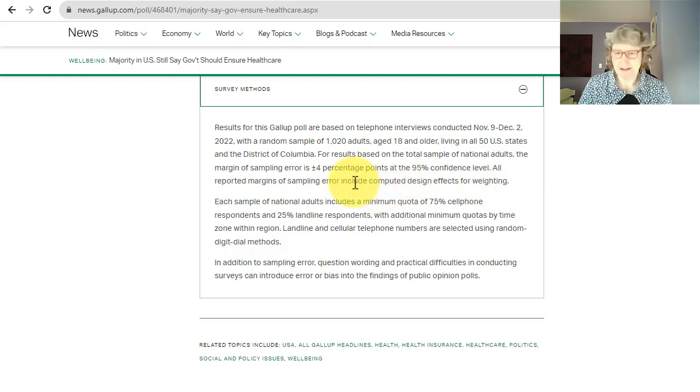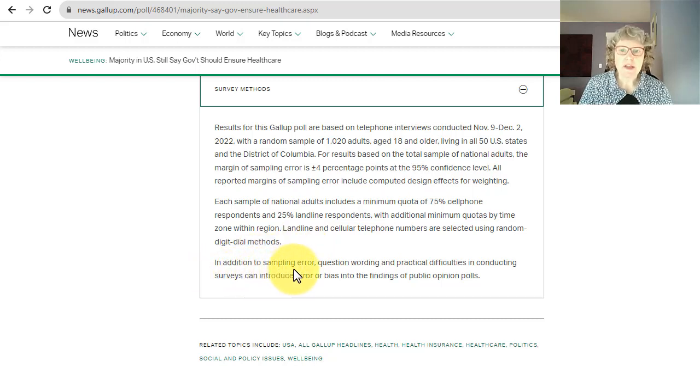Okay, so we're not going to get into weighting. Each sample of national adults includes a minimum quota of 75% cell phone respondents and 95% landline respondents, with additional minimum quotas by time zone within region. Landline and cellular telephone numbers are selected using random digit dial methods.